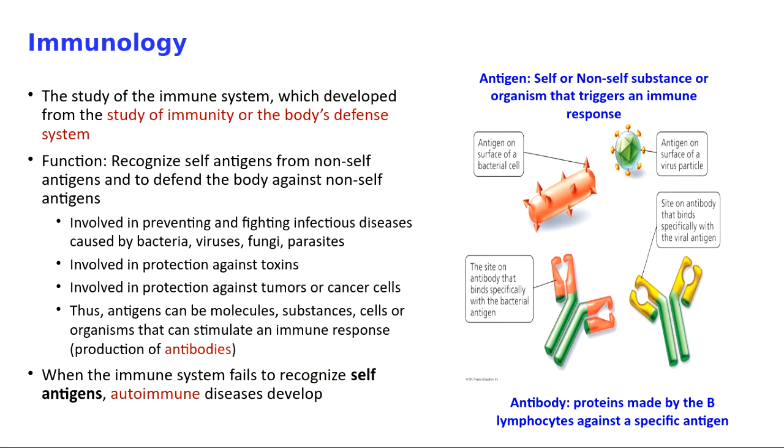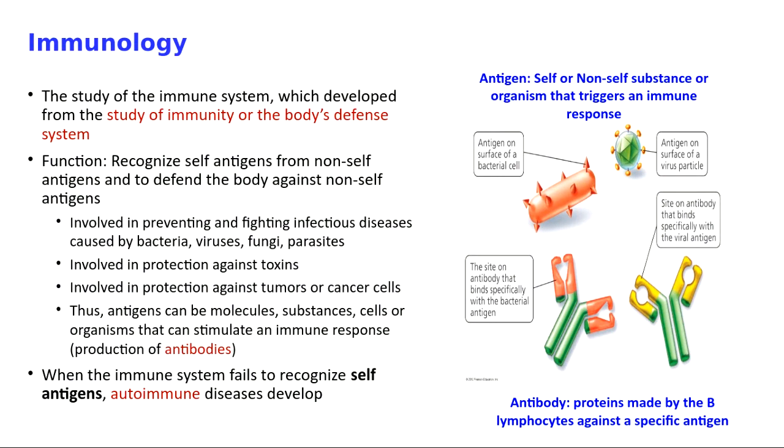We have self-antigens that make us unique, that make us us, and there are non-self antigens that are anything that does not belong to self. Organisms, bacteria, fungi, parasites. You know how we have normal flora, organisms that are bacteria in our intestine, in our gut, that are part of us, that are self, and that are there to protect us.